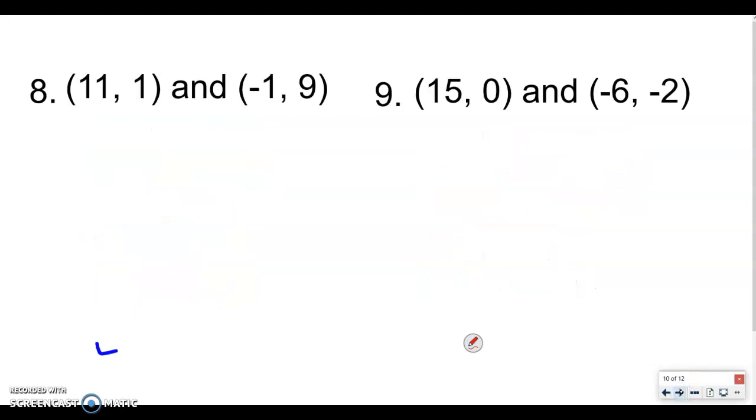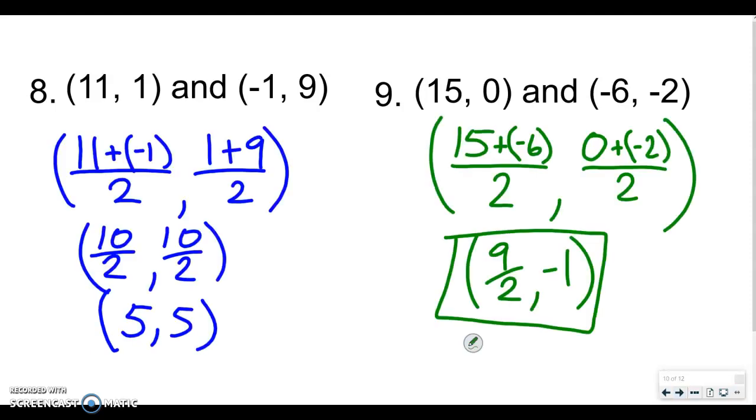Moving right along, go ahead and pause here and solve 8 and 9, and then unpause for the answers. All right, hopefully for number 8, you got 5 and 5. Remember, 10/2 simplifies down to 5. It's just 10 divided by 2. And then for number 9, you should have gotten 9/2 for x and -1 for y.